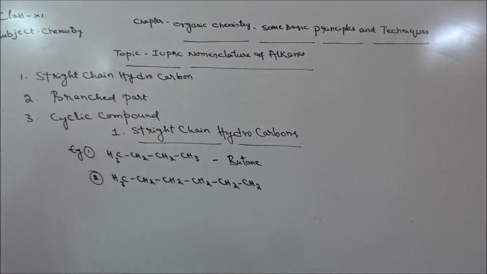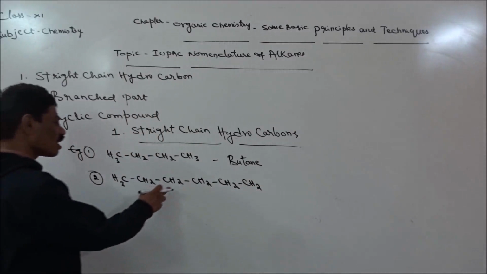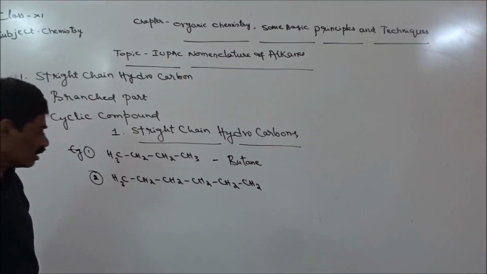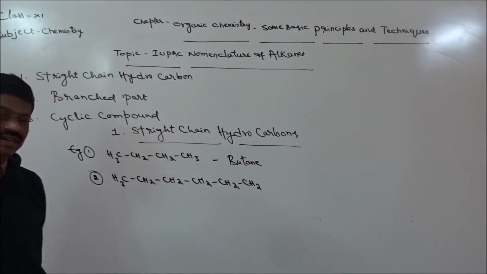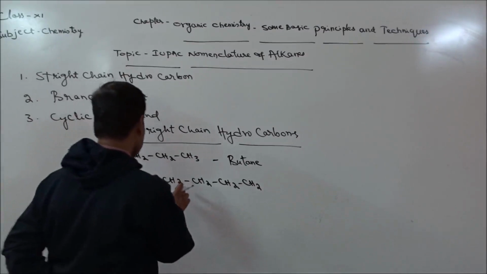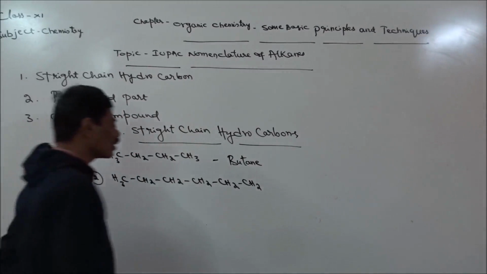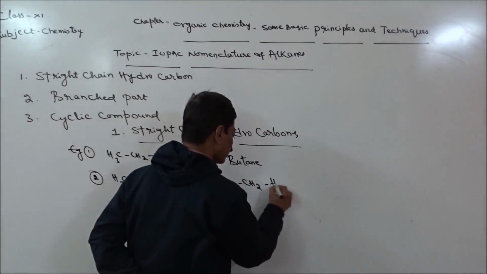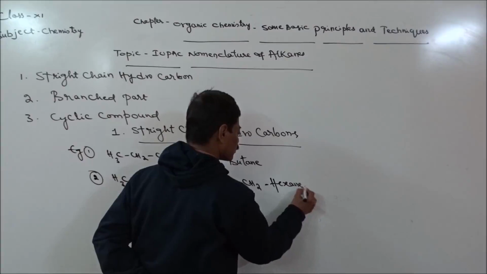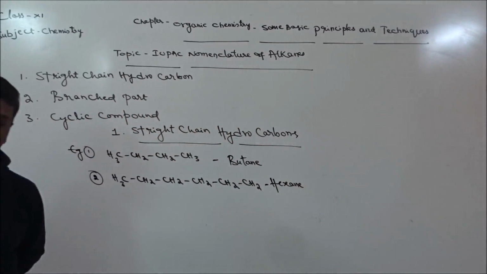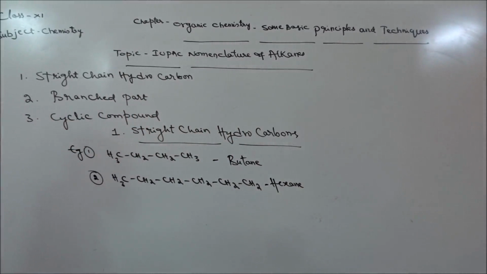In this compound, we have altogether 6 carbon atoms. There is no branch. It is a straight chain compound. Right? Now, we have 6 carbon atoms in this compound, therefore it is called hexane. Like that, decane, one which contains 10 carbon atoms, right?